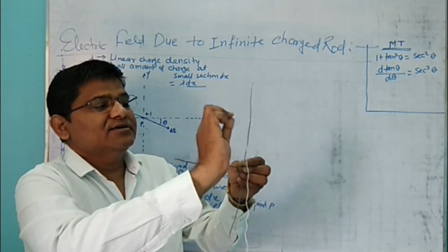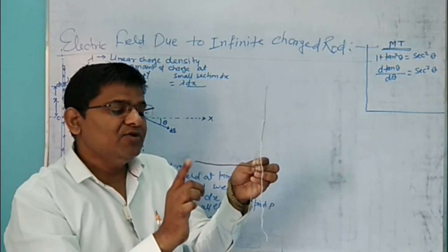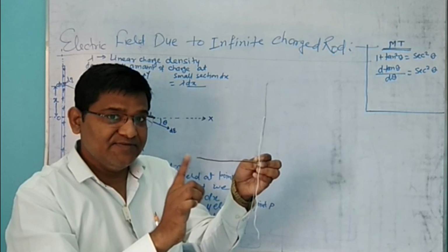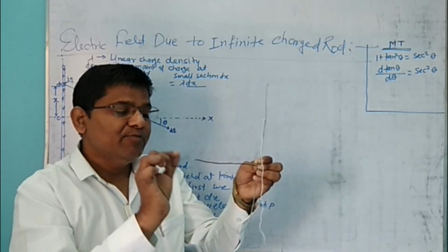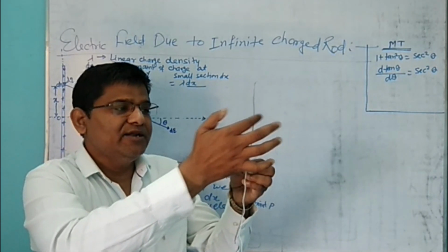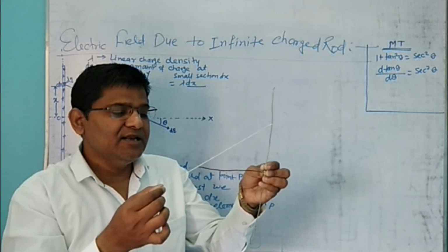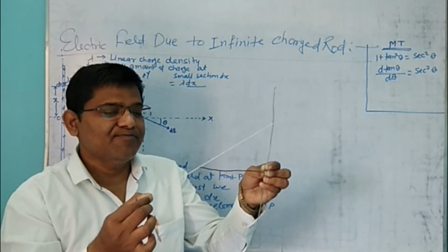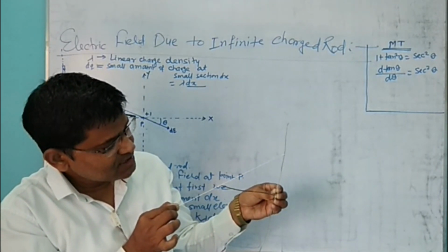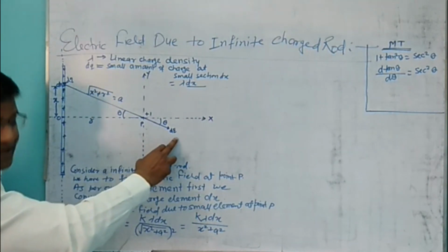At dx, a small amount of charge dq is kept, and we want to find the electric field at this point. For this, put here a unit positive charge, and the force between dq and plus 1 gives the electric field like this. Similarly, this is the electric field dE.